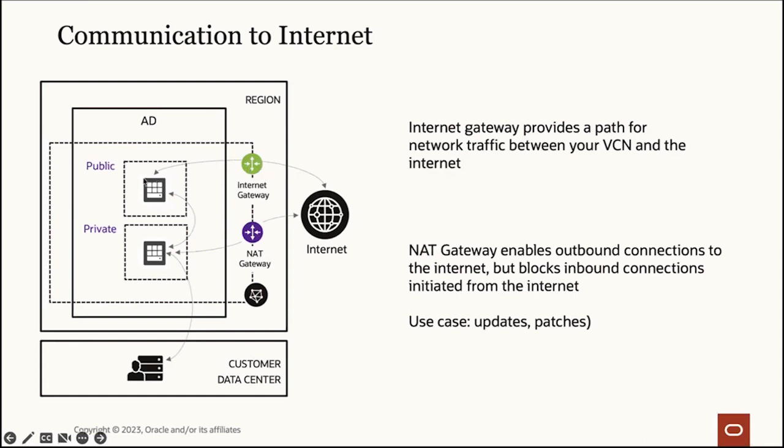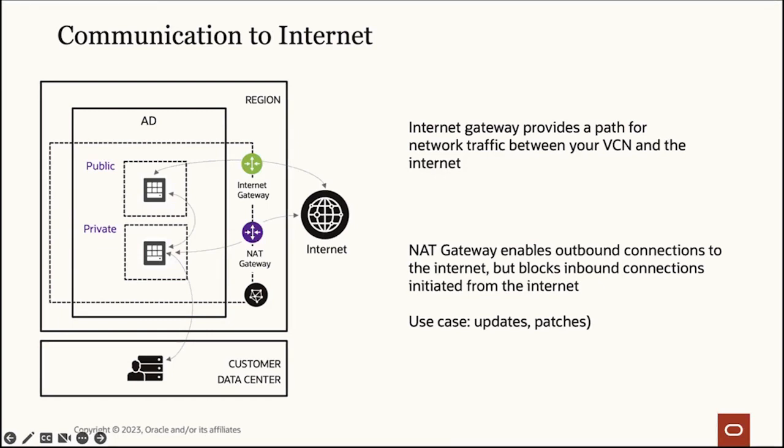But for example, maybe you only want to initiate connection from within the VCN, but you don't want to receive anything that has been initiated from the internet to your VCN. So that would be a perfect way to use the NAT gateway. The NAT gateway gives an entire private network access to the internet without assigning each host a public IP address.